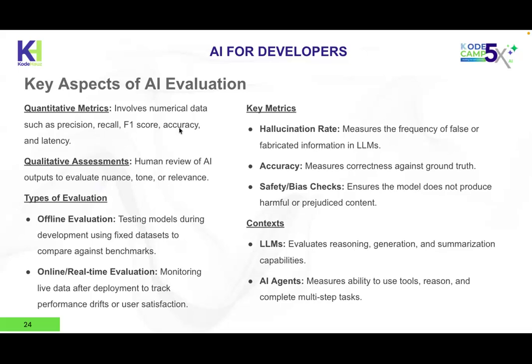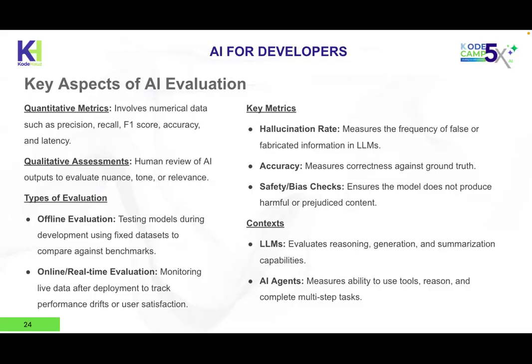Okay, so some of the key aspects of AI evaluation, you have quantitative metrics. So this one is like standard. This is typically how you would do evaluation of any model, right? Using the quantitative metrics for modeling AI. This includes precision, recall. You have F1 score, which is a combination of precision and recall, and then things like accuracy and latency.